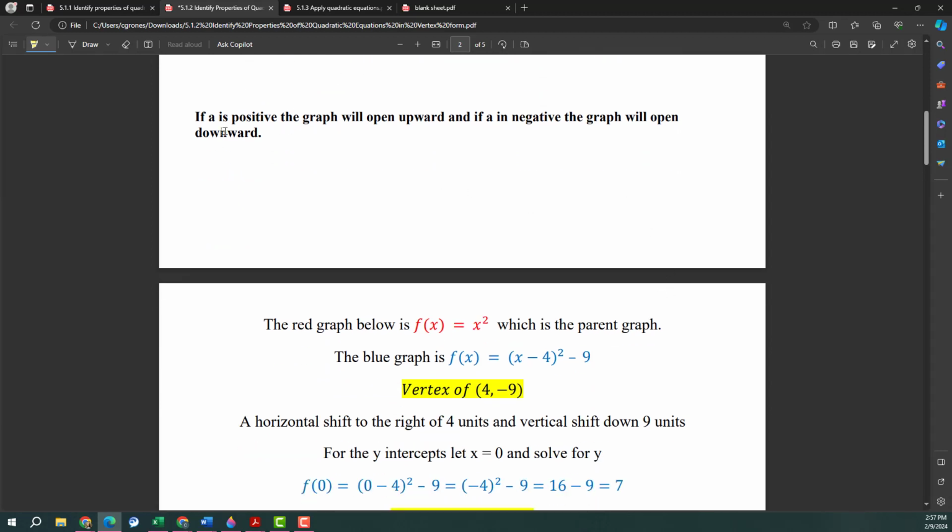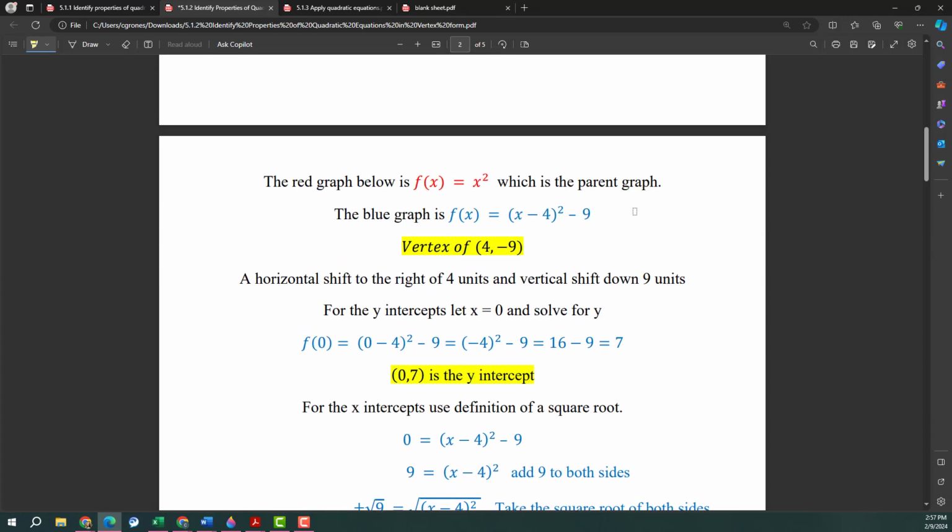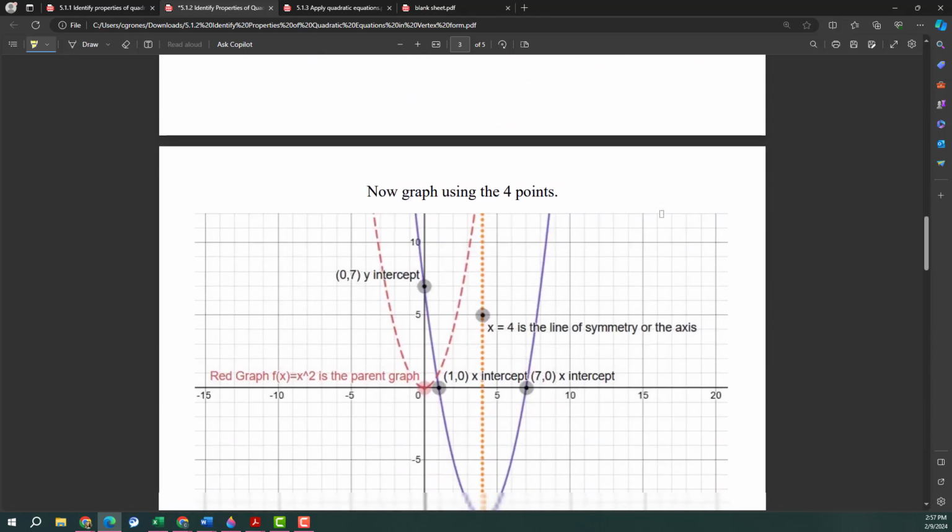It says if a is positive, the graph will open upward, and if a is negative, the graph will open down. And then there's some more examples down here.